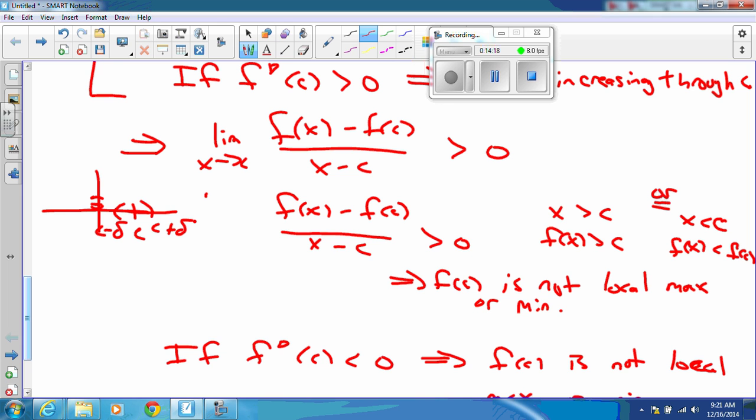Exactly. Since the limit is greater than 0, say it's some value d, then I can take an epsilon that is smaller than d, so that all of my quotients have to be within d plus epsilon to d minus epsilon, which are positive numbers.